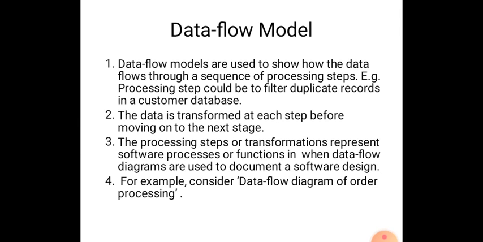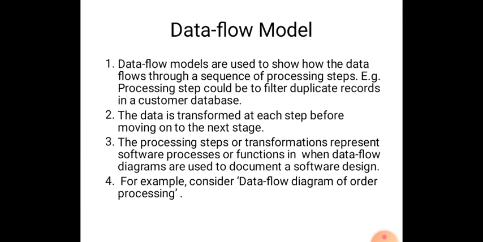Point number 1. Data flow models are used to show how the data flows through the sequence of processing steps. For example, a processing step could be to filter duplicate records in the customer database. Students, as we have studied earlier, data flow models represent how the data flows from one processing step to another.